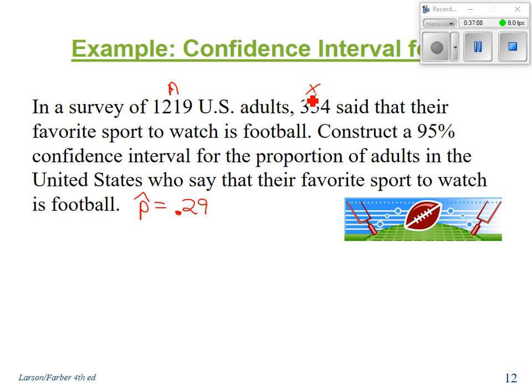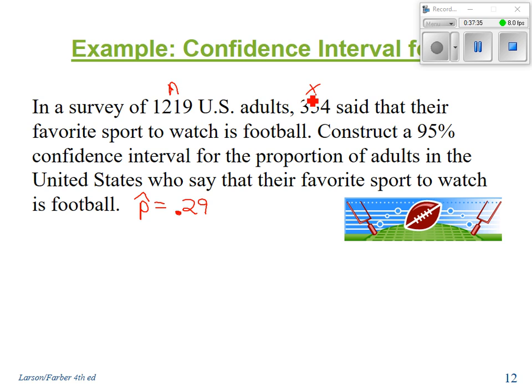So we type in 354. Now I typed in the wrong thing. 1219 and 0.95. Hit calculate. Notice this time it does help.